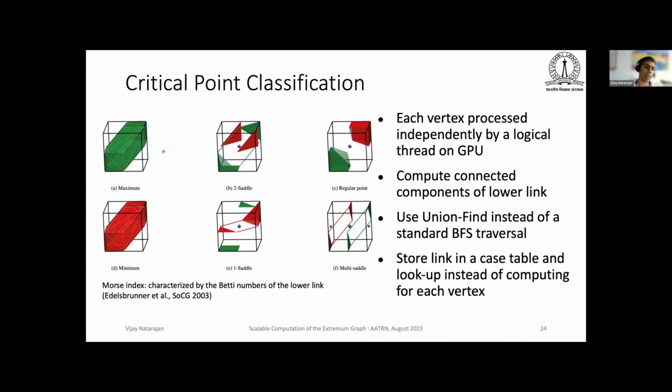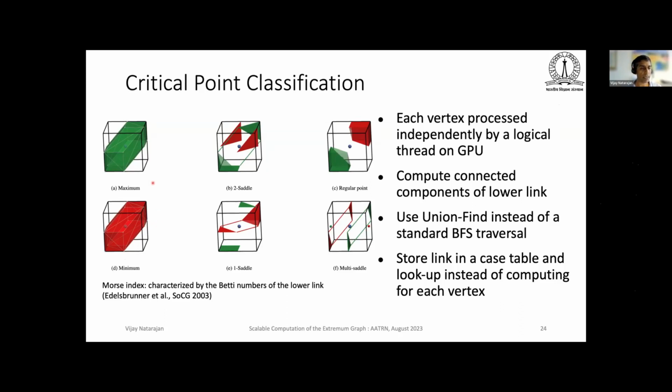What we are interested in is the lower link, so the collection of vertices and the induced simplices where the function value is lower than that of the vertex. This is shown in green here. The lower link would essentially be the entire link in the case of a maximum. In the case of a minimum, the lower link is empty, and the upper link shown in red here would essentially be topologically equivalent to a two-sphere.